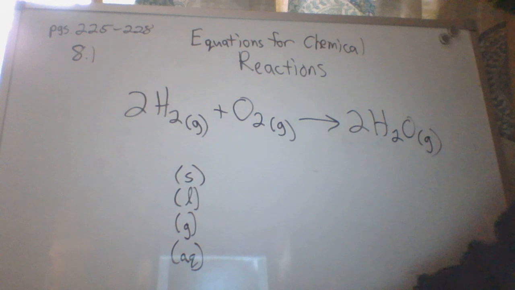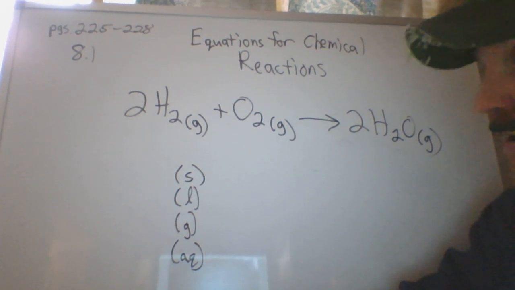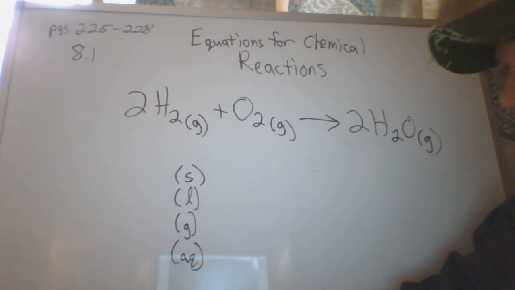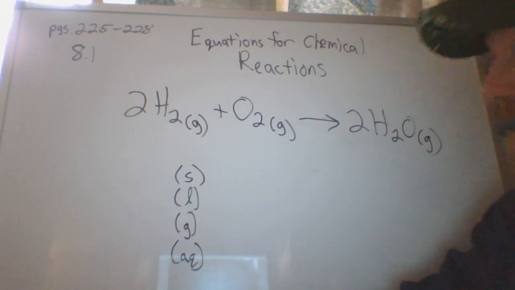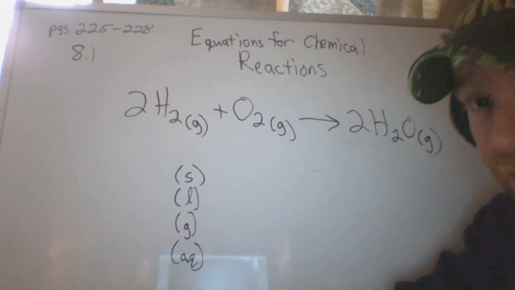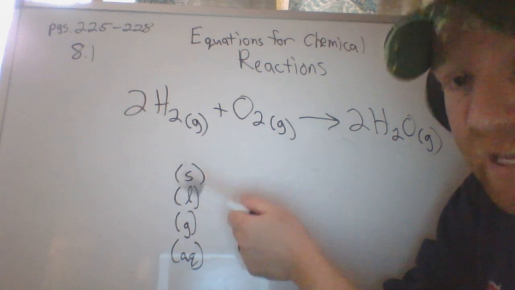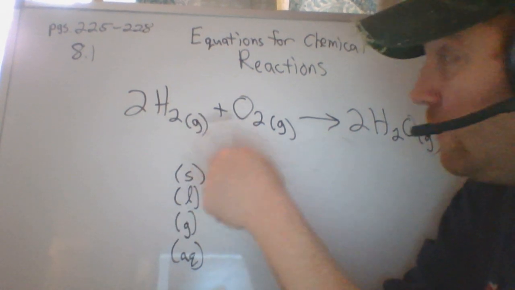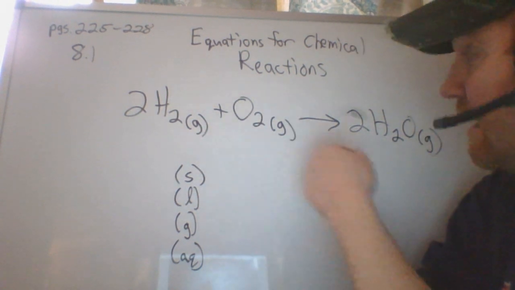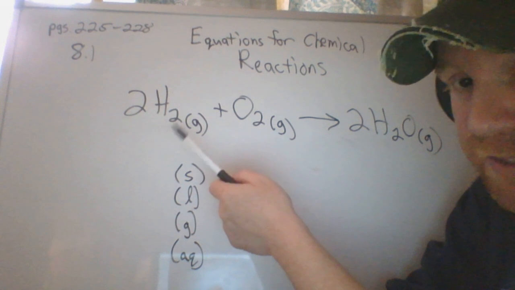And section 8.1 wants to make sure you can identify whether a chemical equation is balanced. So we have to discuss the law of conservation of matter, which states that matter in a regular chemical equation can neither be created nor destroyed. So when you look at the different chemicals involved, we need to be counting total atoms.